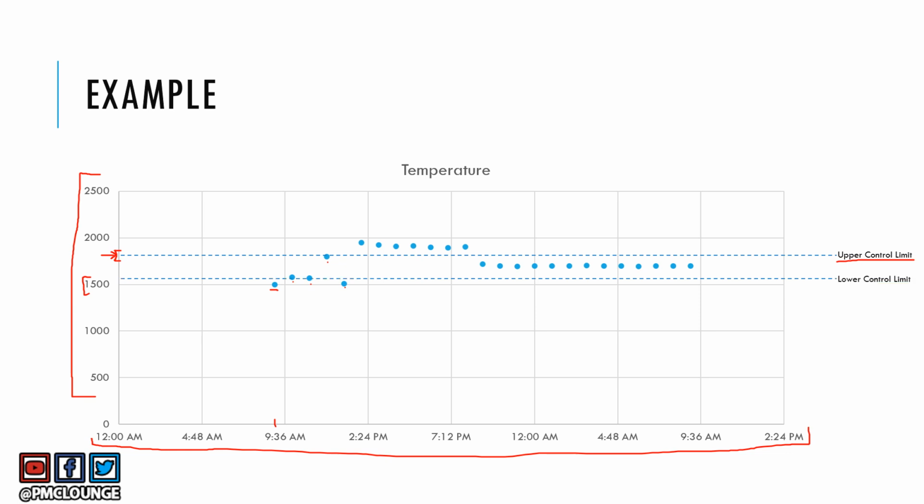Similarly, you have a lower control limit. This is also known as LCL, and this is about 1600 degrees Celsius, because the glass is made at 1700 degrees Celsius and you do not want to go below 1600 degrees Celsius, because then it is possible that glass might not be formed out of sand. So these are two important concepts of control charts: upper control limit and lower control limit.